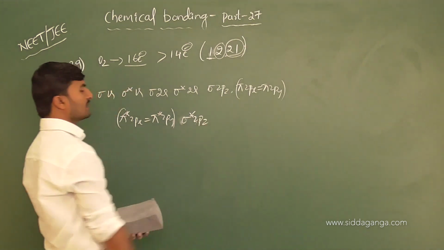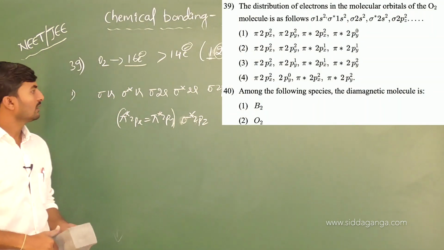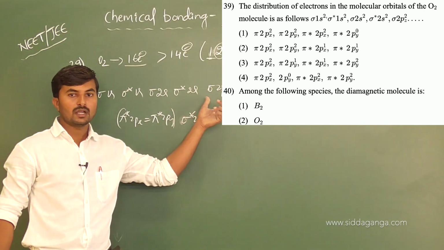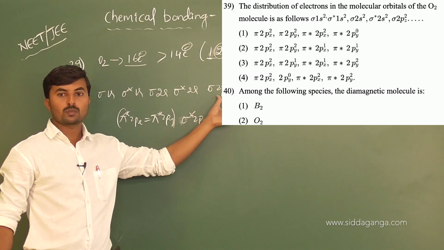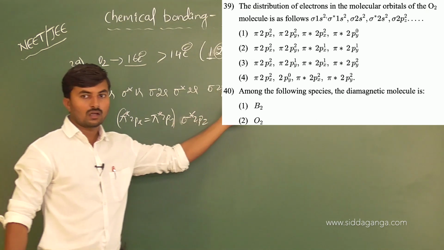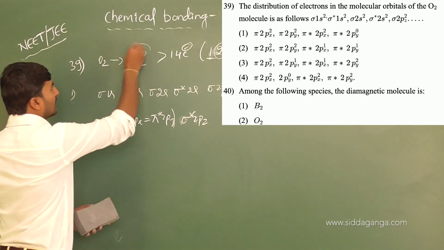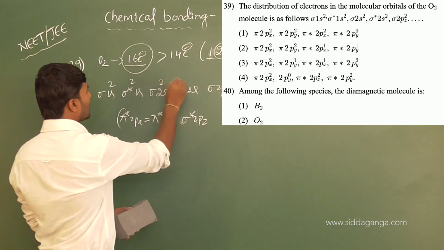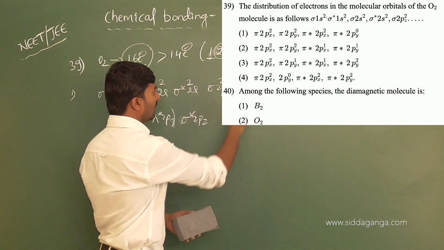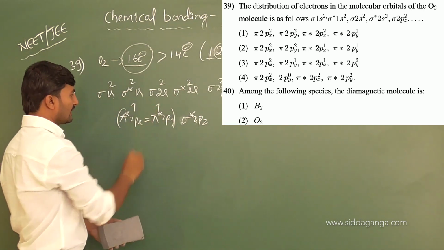Sigma star 2pz. Okay, which is the correct option here? First option starts directly with pi 2px square, pi 2py square and pi star 2px square and pi star 2py. Okay, if you distribute the 16 electrons into these molecular orbitals, 2 4 6 8 10 12 14 15 and 16.